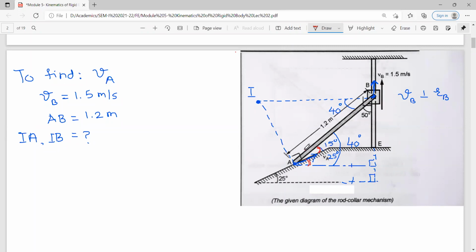So the remaining angle, from the rod to the radius of point A, will be 90 minus 15, that will come as 75 degrees. Understood?